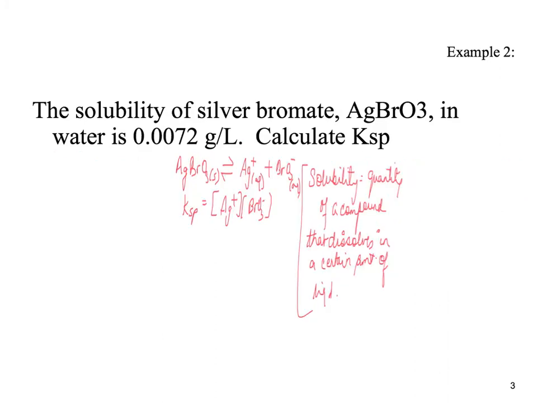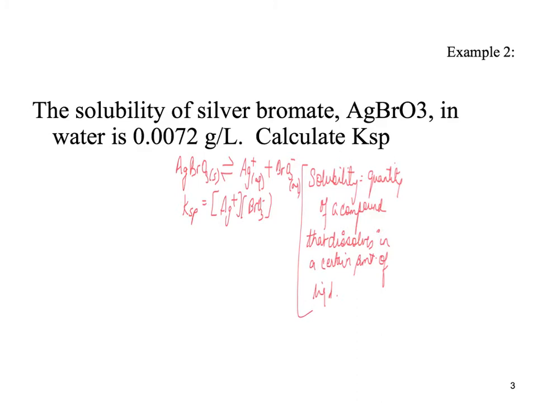I said solubility is the quantity of a compound that dissolves in a certain amount of liquid. That means for any solution, you can have various different solubilities, because as you change the reaction conditions or as you change the physical constants such as temperature, it's going to have a different solubility. Or let's say you had a solubility in pure water, and now if you have a certain ion already present, then due to common ion effect you can have a decreased solubility for that matter.